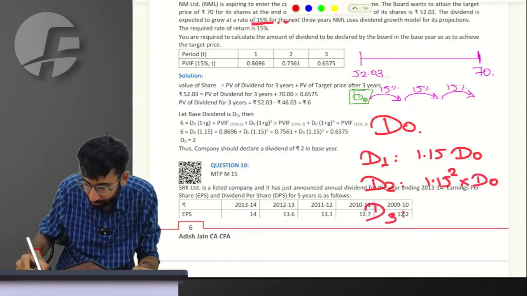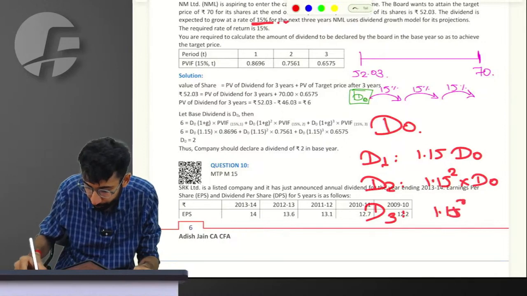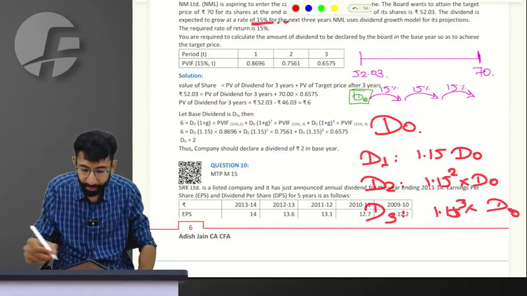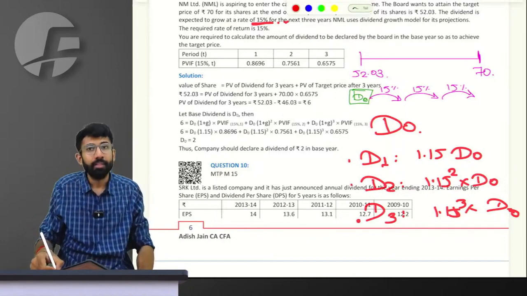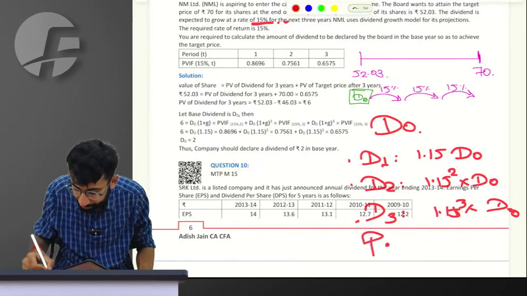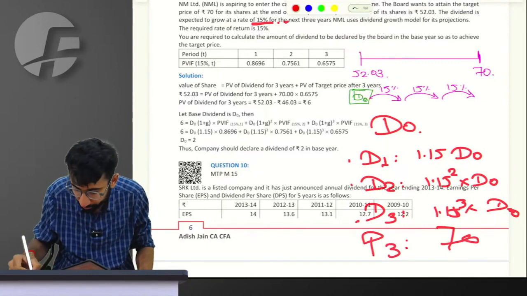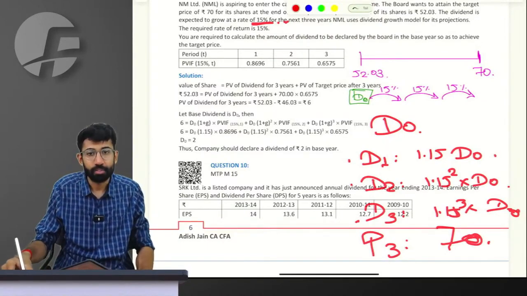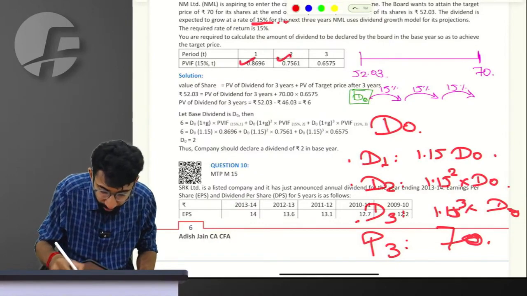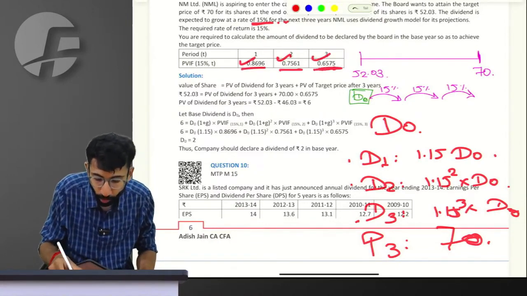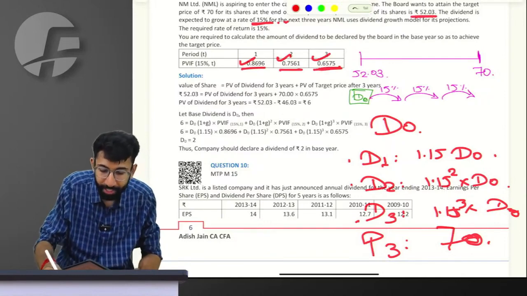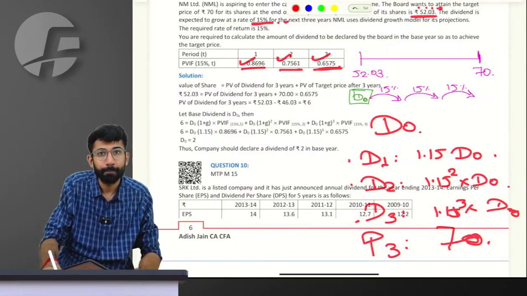And D3 will be 1.15 cube into D0. Do we have the dividends of the next 3 years? Yes. What is the price that we want? 70. If I discount all four cash flows using this present value factor given in the question, I should get the price today, which is already given to me as 52.03.